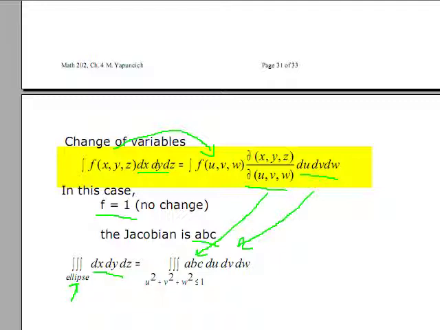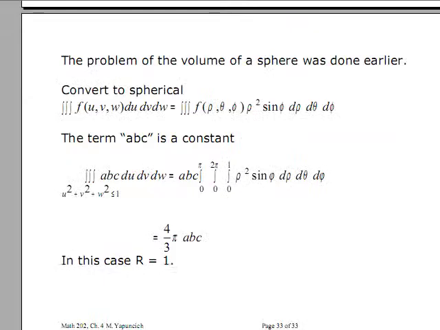But this will still be a complicated integral to carry out, so I'm going to transform this into spherical coordinates. So here is the volume of a sphere. We did that before, so we're going to convert from spherical coordinates. Now I have u, v, w, and I want to go to spherical coordinates. Here's the Jacobian for the spherical coordinates, rho squared sine phi.